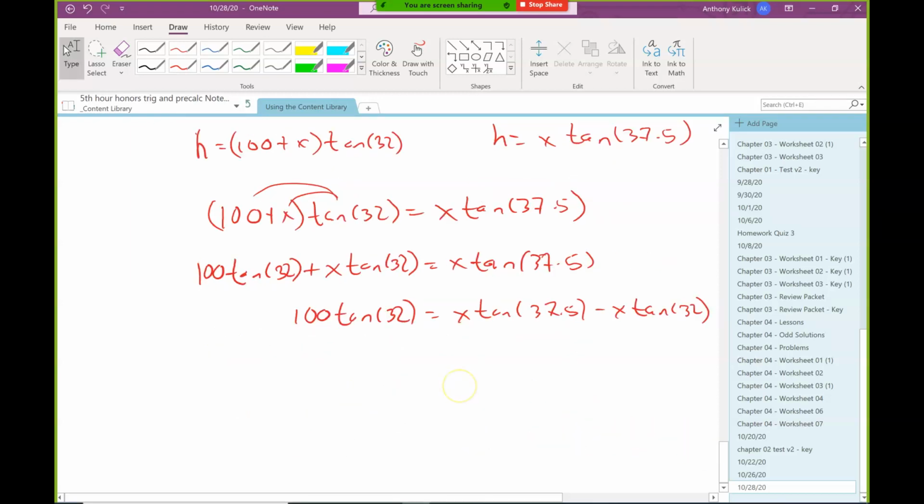And I notice on that right-hand side now, both of those things contain a factor of x. So I'm going to factor that out. And then I'm going to divide both sides by that difference of tan 37.5 and tan 32.